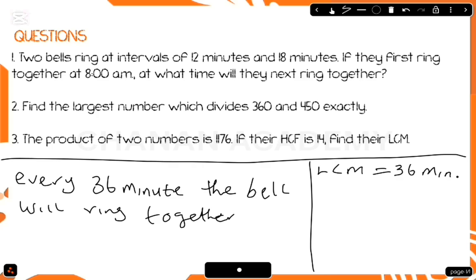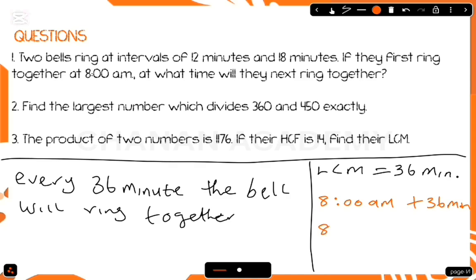will they next ring together? They're asking us the time. The first time they rang together was 8 a.m., so the next time will be 8 a.m. plus 36 minutes.